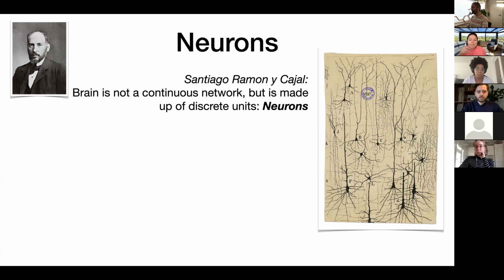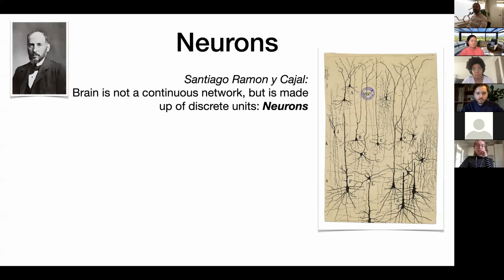Right now we have specific things that we don't really understand how they work. Back then, around the 1900s, there was a controversy where some people thought that the brain is a continuous network, like a fungus, that can be one big coherent organism. So there aren't any different cells, but it's one big network.